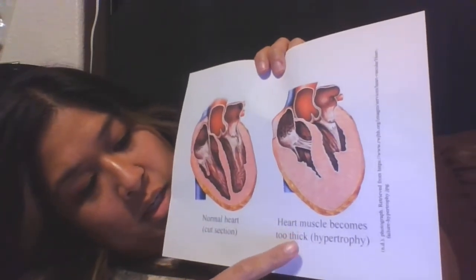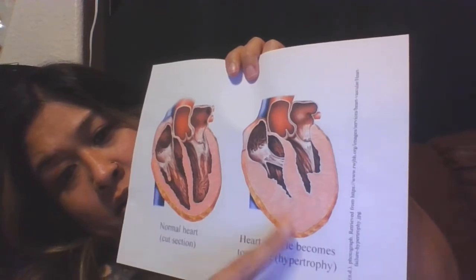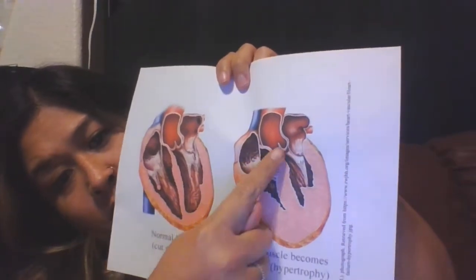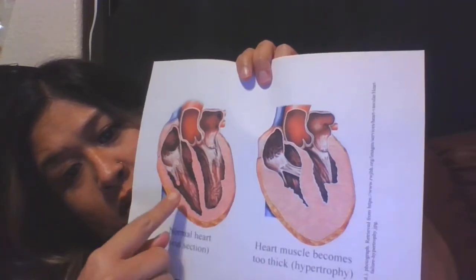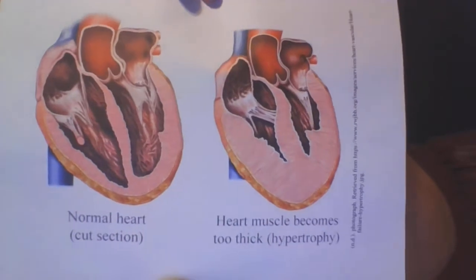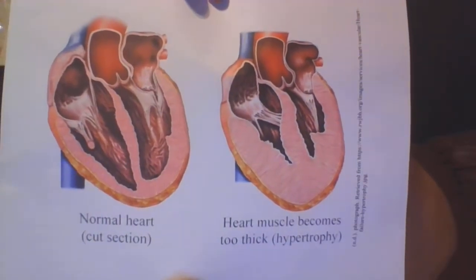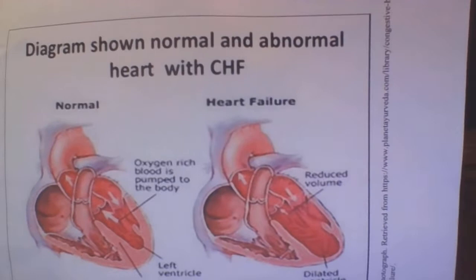Here you can see that the heart muscle is thick, really thick, and then here it's not as thick on a normal heart. So that just gives you an idea. Here's this diagram, and then here's the other one that I showed again, to give you another idea.